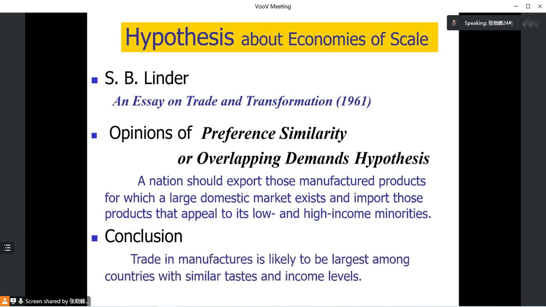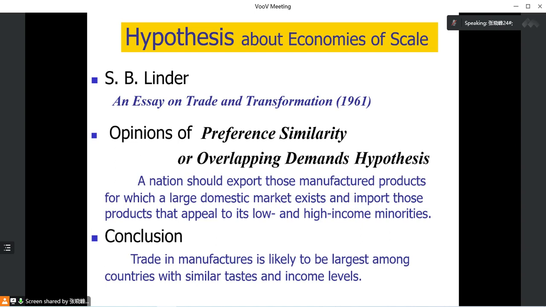Now this hypothesis about the economies of scale occurred in an essay on trade and transformation in 1961, originated by S.B. Linder.